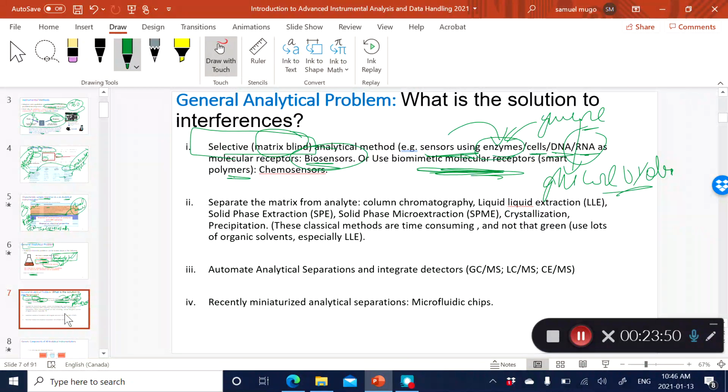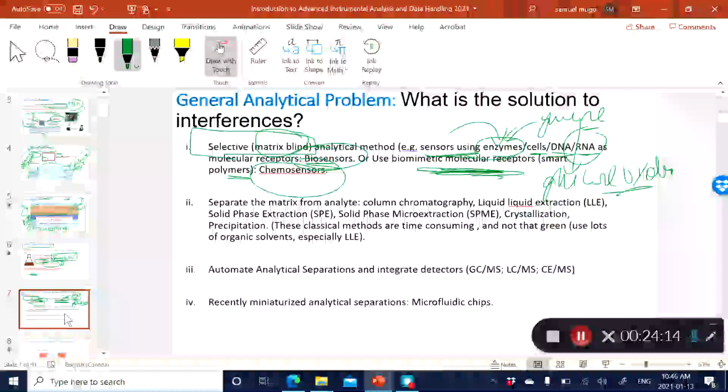We make smart polymers that are very, very specific to capture certain types of analytes, and then we can do detection using different types of instrumental methods. And if you use anything other than a biological molecular receptor, people call that chemosensors.